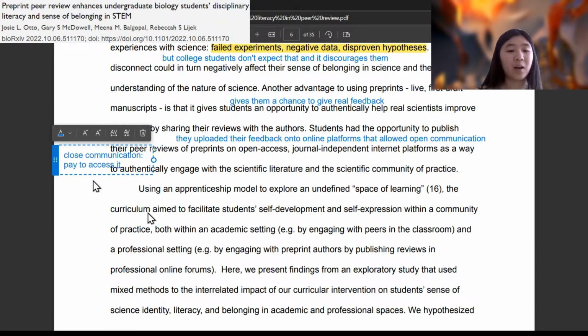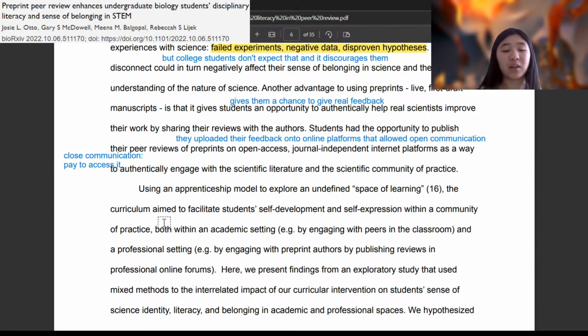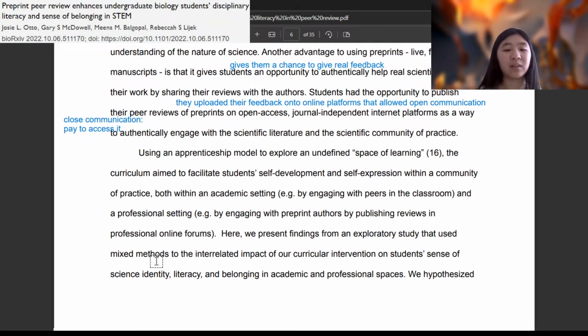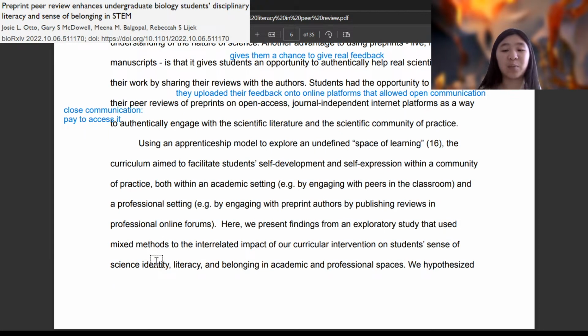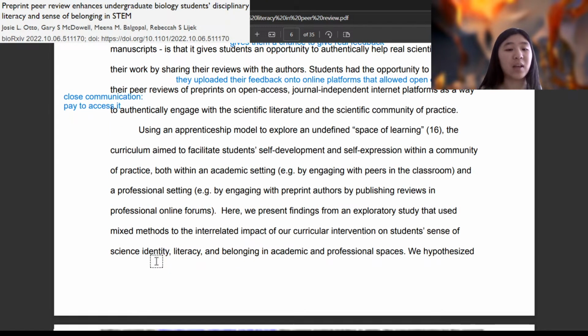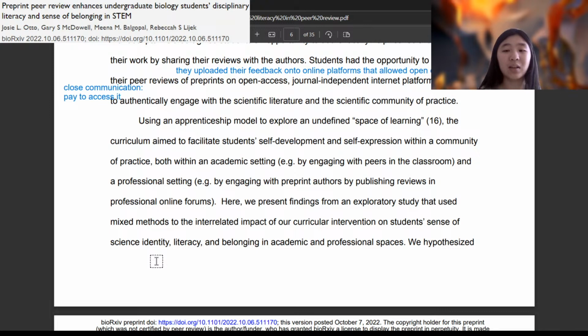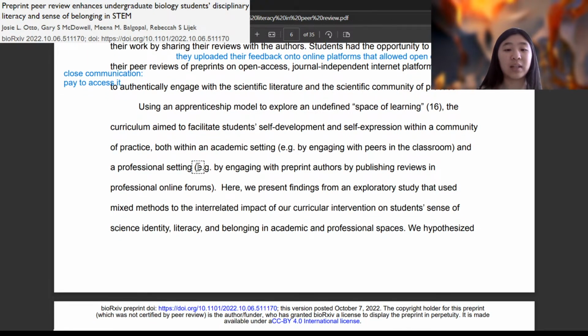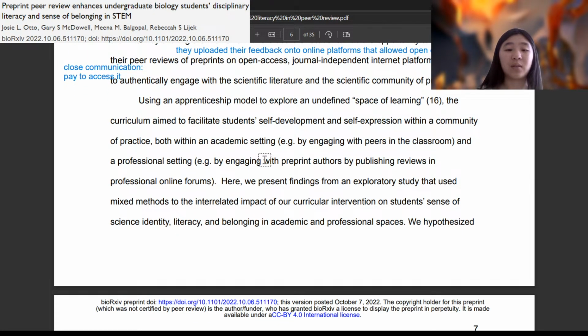So, using an apprenticeship model to explore an undefined space of learning, the curriculum aimed to facilitate student self-development and self-expression within a community of practice, both within an academic setting and a professional setting. So academic setting, they mean engaging with peers in the classroom, and a professional setting, which is engaging with authors.